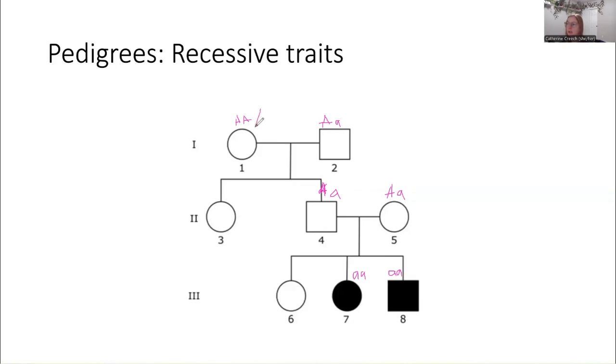We don't know because we don't have enough information to fill that out. Just having one heterozygote parent would be enough to produce an offspring that's also a heterozygote. So one of them is going to be heterozygous. One of them could be homozygous dominant, but we don't know which is which.